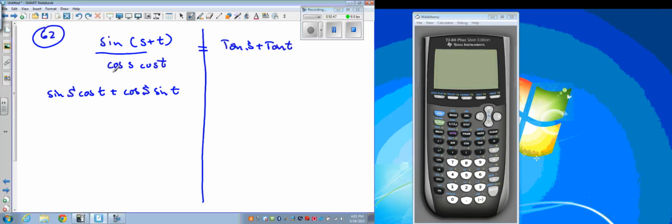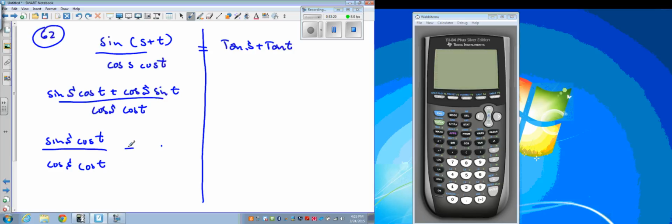Now what I'm going to do is put each one of these terms over there, and it's going to be plus, and I'm going to put that term over that.